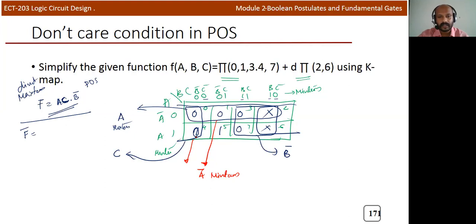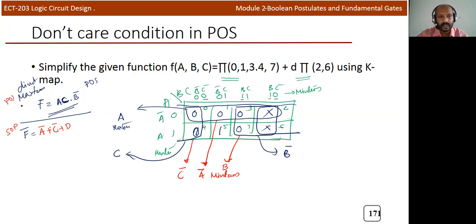For the last group, the min term representation will be B. So if you write this as a single expression, A bar plus C bar plus B. This is the SOP form representation.